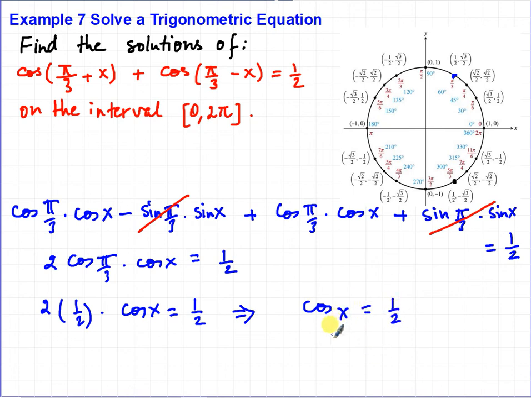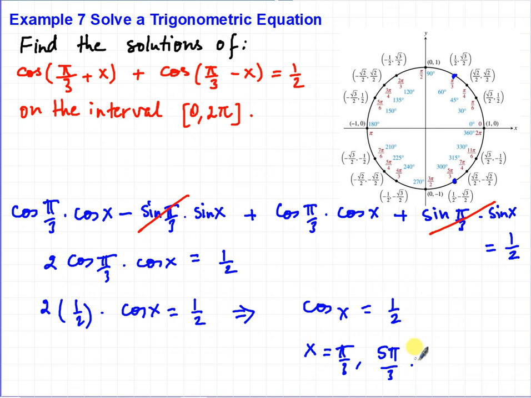Now where is cosine x equal to half? From the unit circle again, half is here for pi by 3. Also, I have another point which has an x value of 1 over 2, which is this point over here, 5 pi over 3.